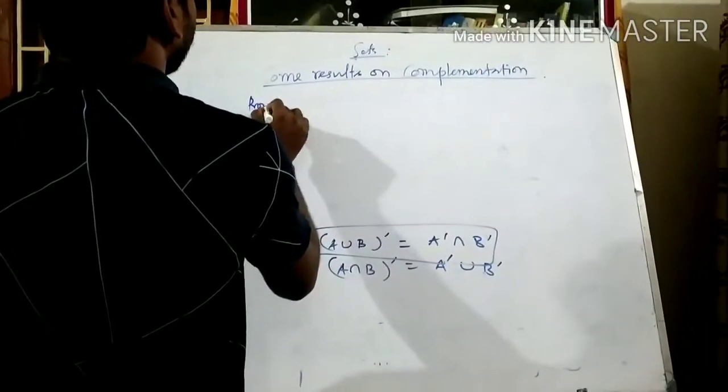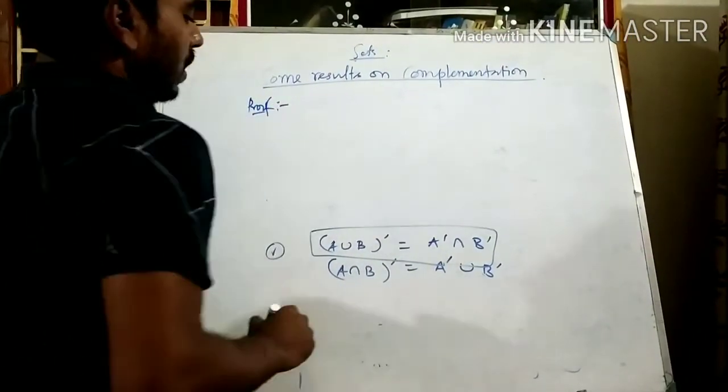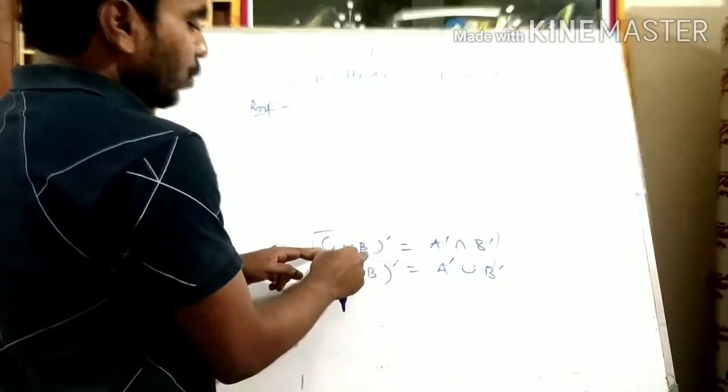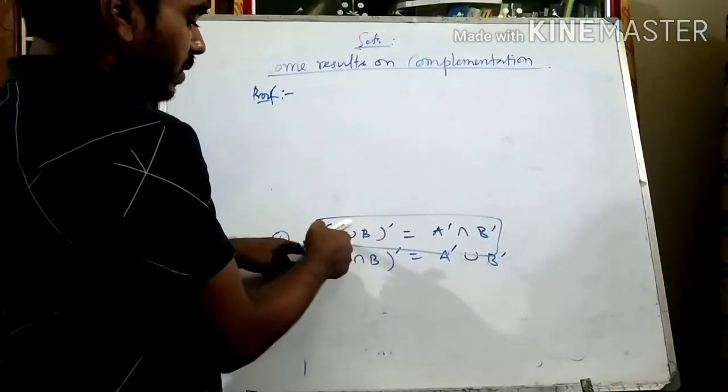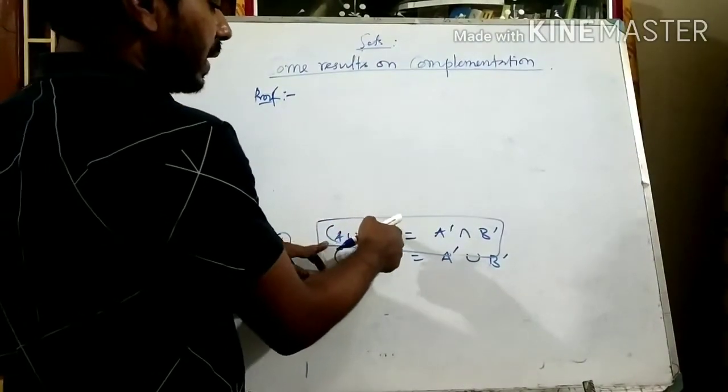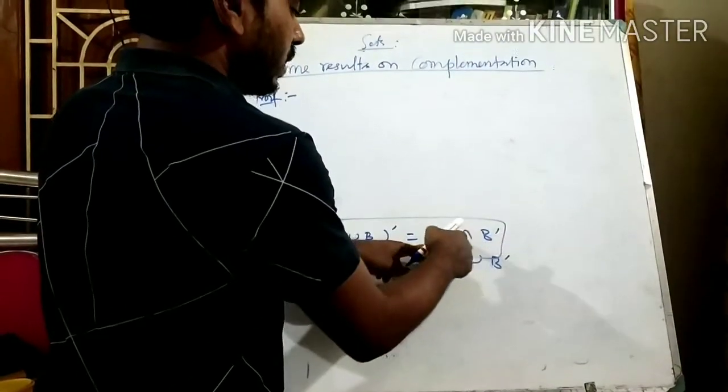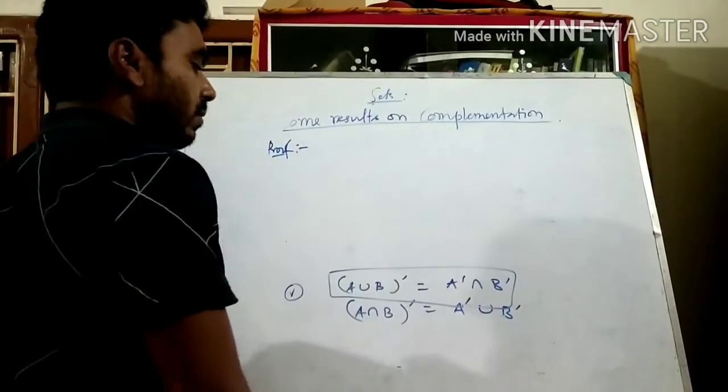Proof. To prove this, the left hand side is a set, A union B complement, and the right hand side is also a set, A dash intersection B dash.